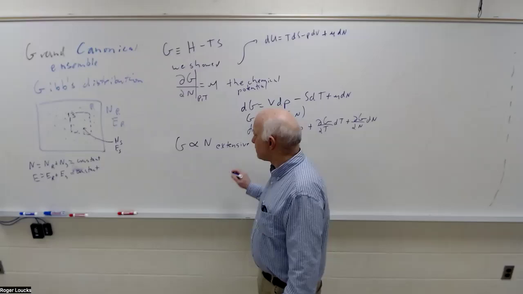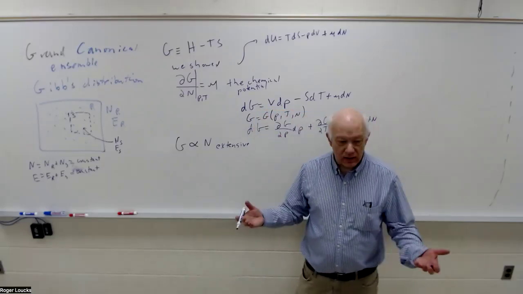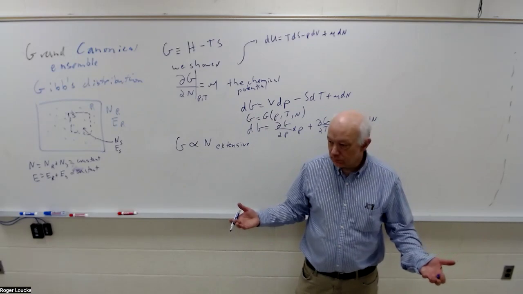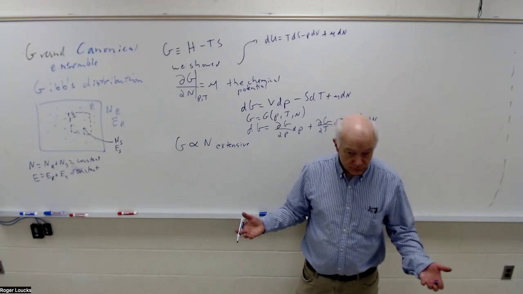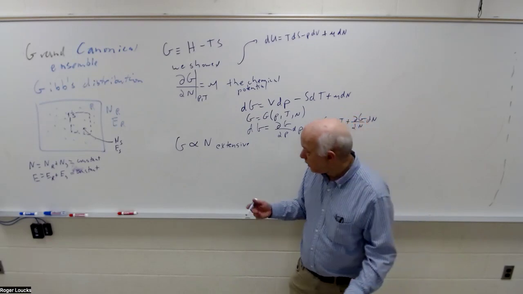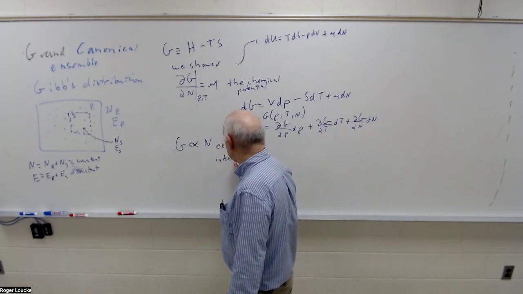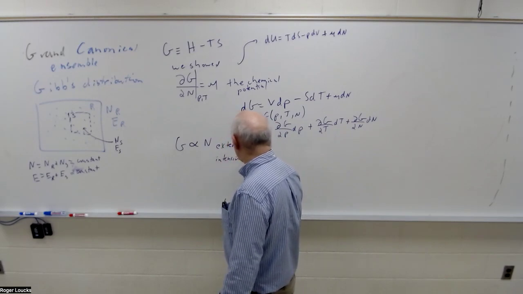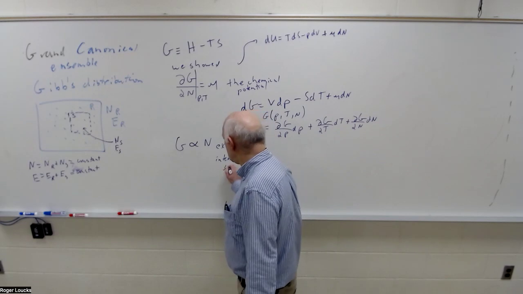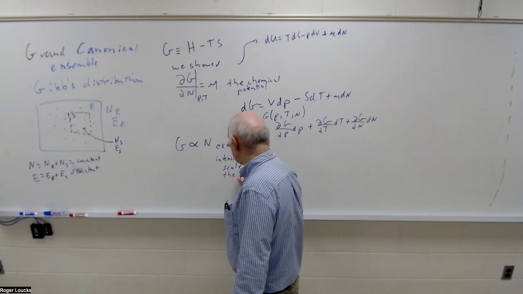Then what did we say is intensive? It doesn't do that. What's a classic example? Temperature, pressure, number density. Intensive quantities do not scale with the size of the system.